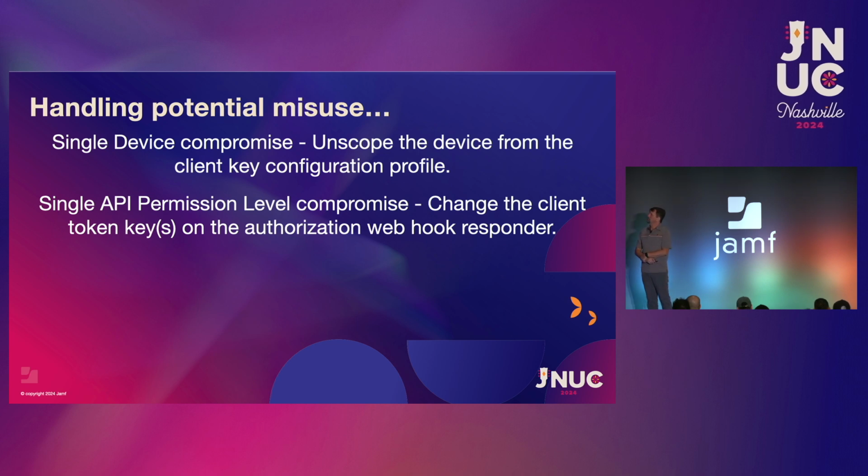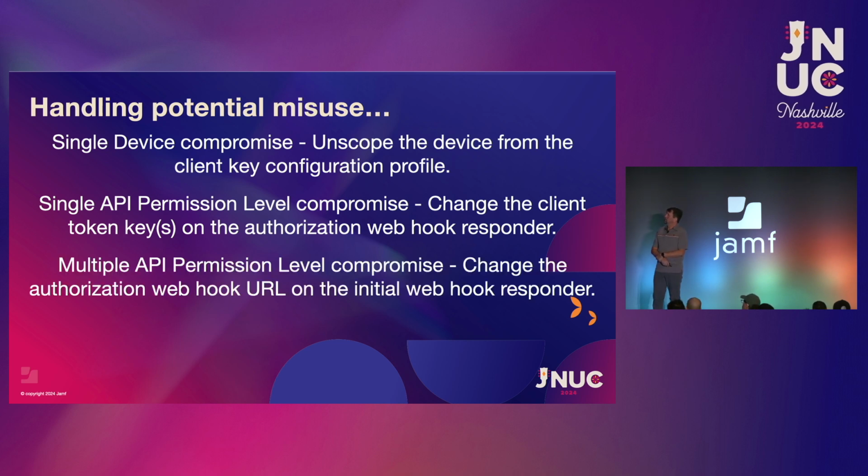For a single API permission level compromise, you can change the client token key on the authorization webhook responder. And for a multiple API permission level compromise, you can change the authorization webhook URL in the initial webhook responder so that it can't get to that second level and give you tokens.